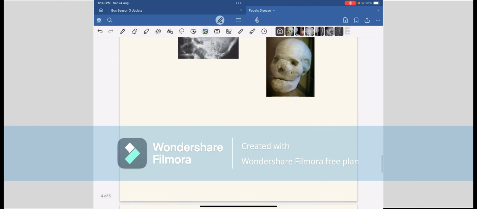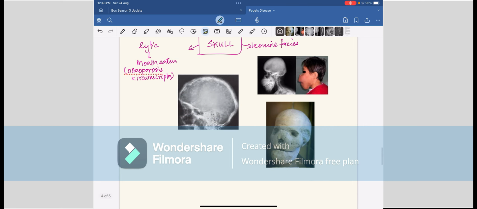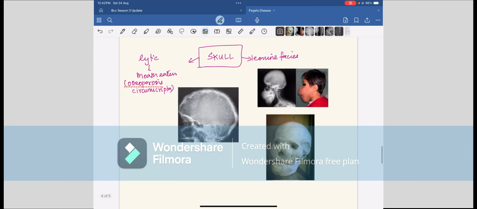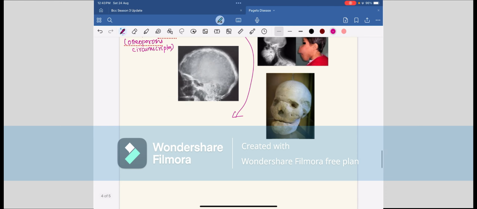There are a lot of effects of these types of lesions on the skull. For example, this can cause entrapment neuropathies and compression of the optic nerve, causing optic atrophy. It can also cause compression of the auditory canal, causing hearing loss.